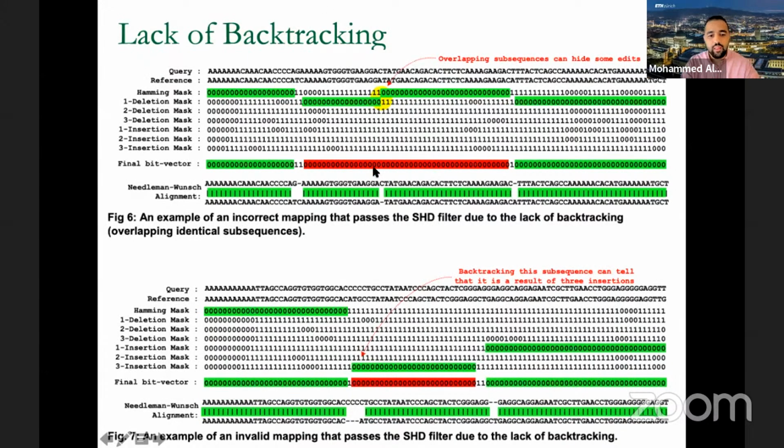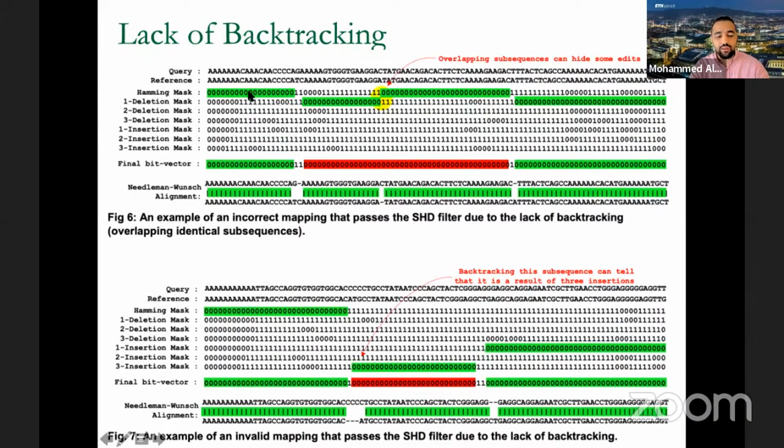Okay. Yeah, so lack of backtracking always can cause a problem. Why is that? Because think about the things highlighted in yellow. There are no ones over there, right? So once we do the AND operation, it sounds like a single segment in the final bit vector, and sounds like we don't have any edit operation happening over there.